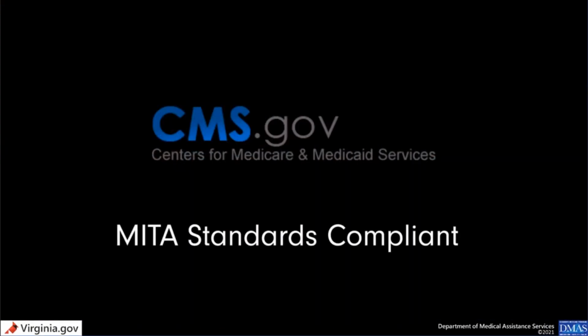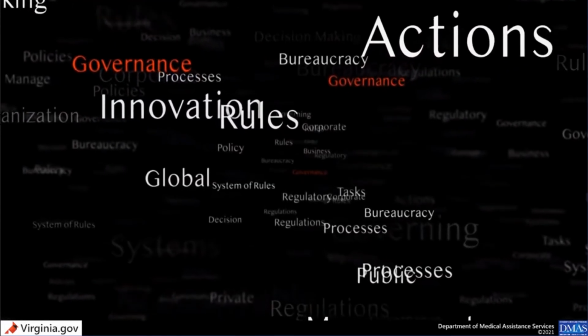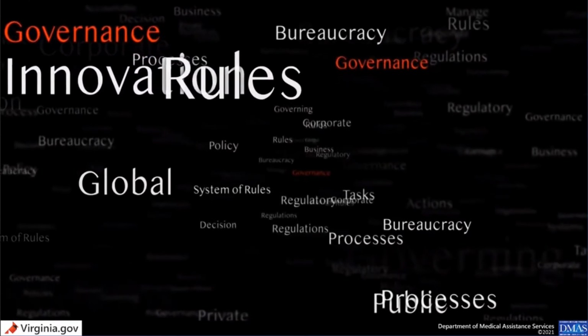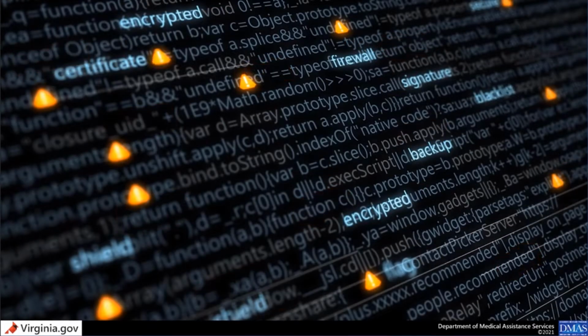Virginia was early to respond to requirements from CMS to upgrade to new and more flexible technologies. MES provides DMAS with a system focused on business-based decision-making, including advanced reporting and fraud detection.